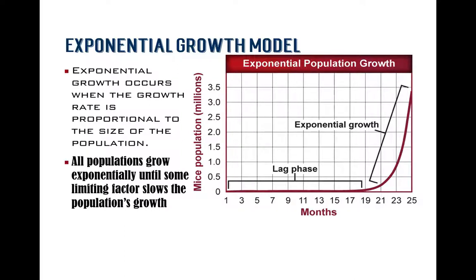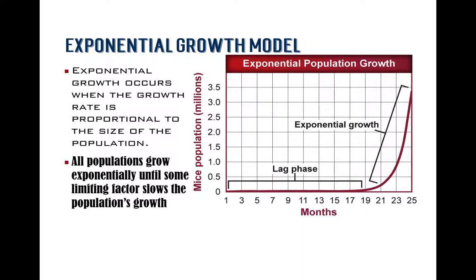So you'll see that we have a lag phase. That lag phase on this graph is indicating a slow growth pattern. And this particular graph is discussing the mice population in millions. So from the first month all the way through the 19th month, you might have a really slow growth phase, a lag phase.